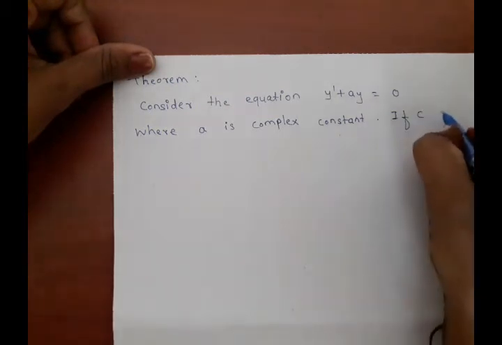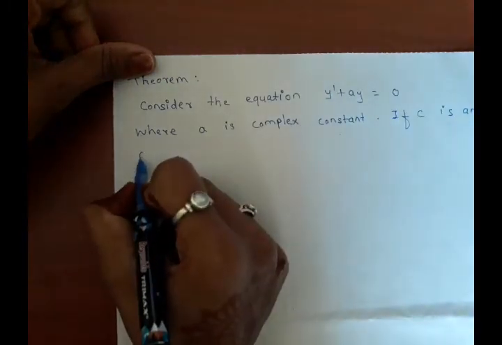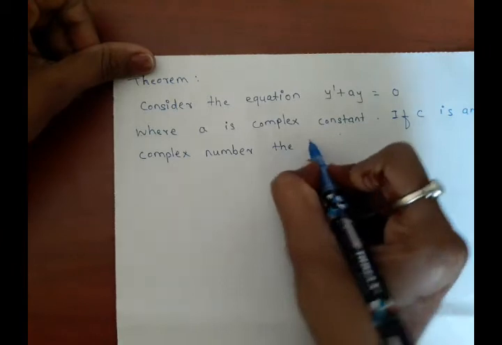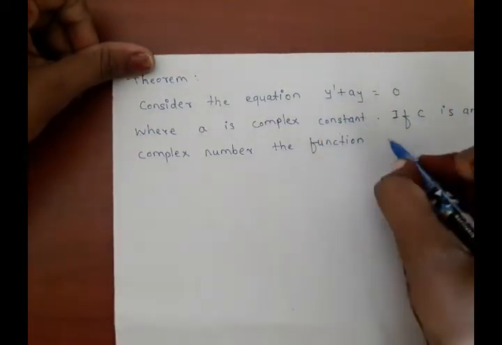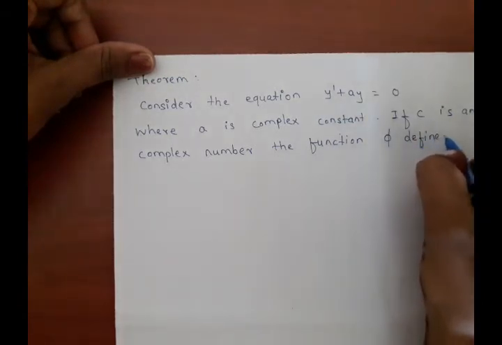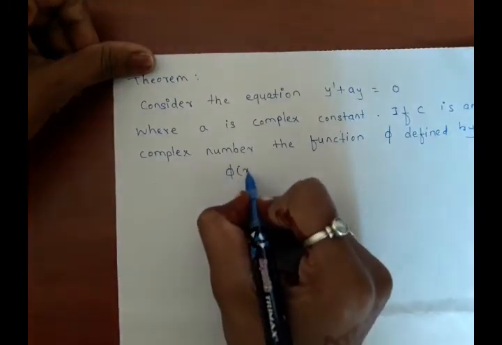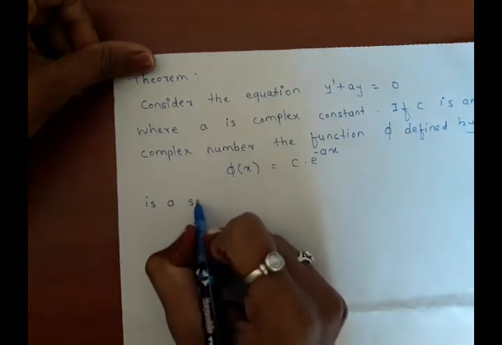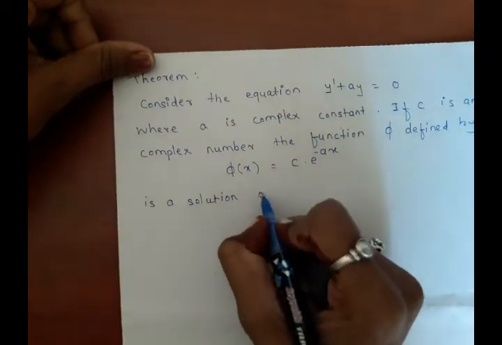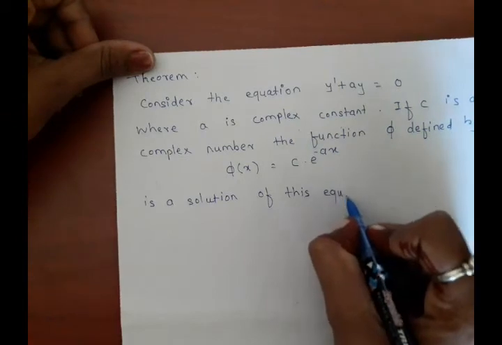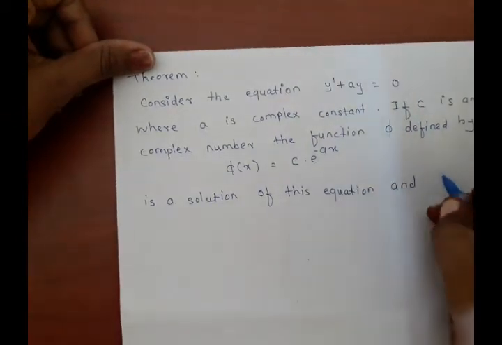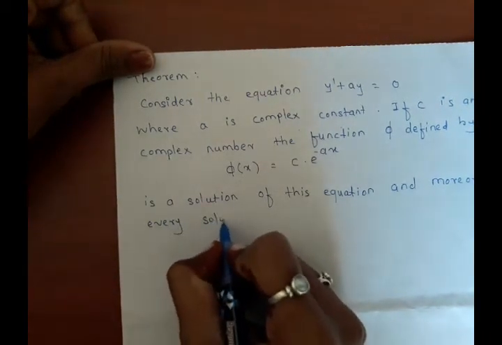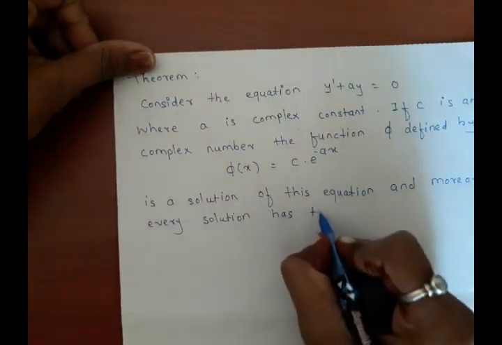If c is any complex number, the function phi defined by phi(x) = c e^(-ax) is a solution of this equation, and moreover every solution has this form.